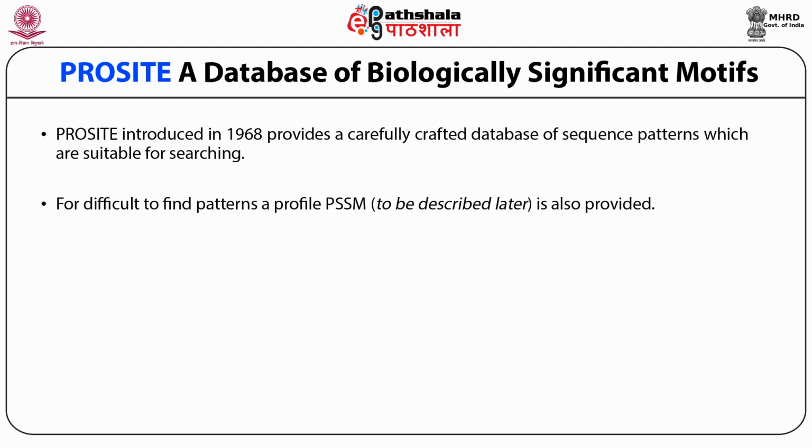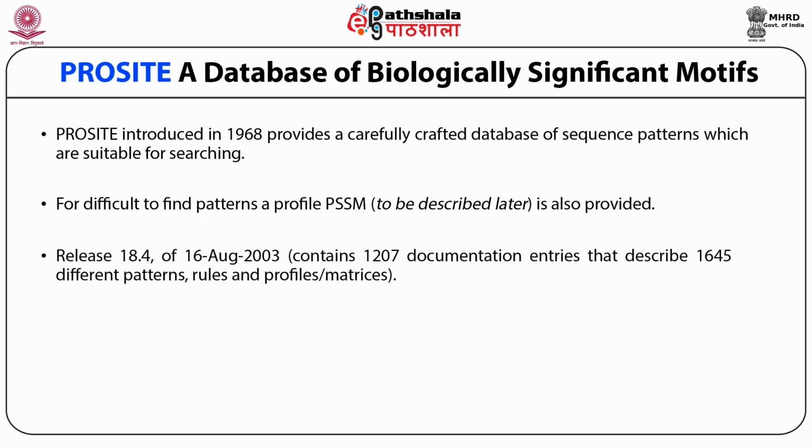And so they have also constructed position specific scoring matrices, and this database called Prosite is a collection of sequence motifs and PSSMs for many different functional families. Just an old example, as of 16th August 2003, this good old 14 years before today, they had 1,207 entries, which described 1,645 different patterns, rules, matrices.